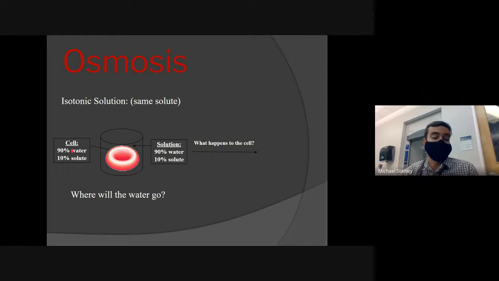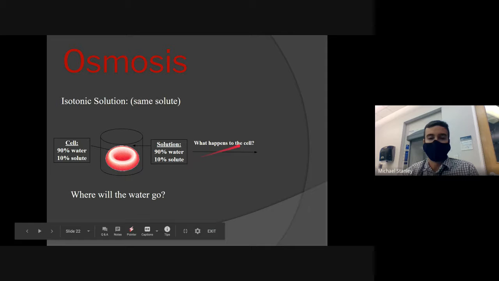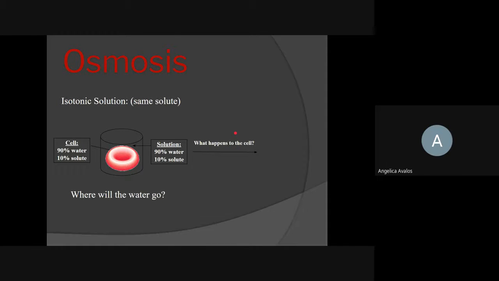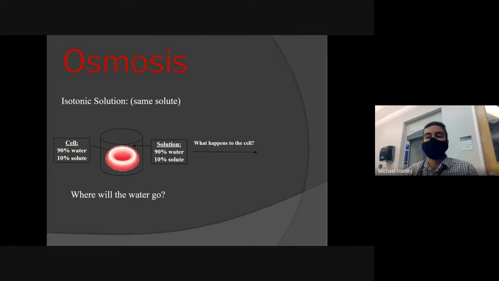So if we took a cell that's approximately 90% water and 10% solute and dropped it into a solution of approximately 90% water and 10% solute, what is going to happen? What's the water going to do? Stay there. Bingo.